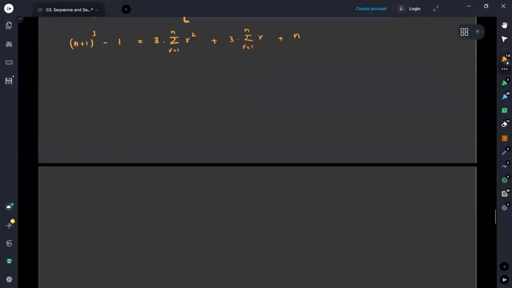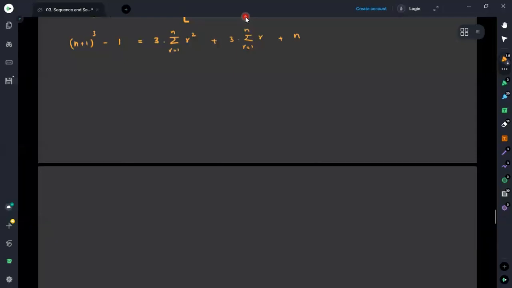Since we need to take all the terms to one side, therefore I will isolate this r squared term, the term with r squared, in the right hand side, and all the terms will be taken to the left hand side of the equation.